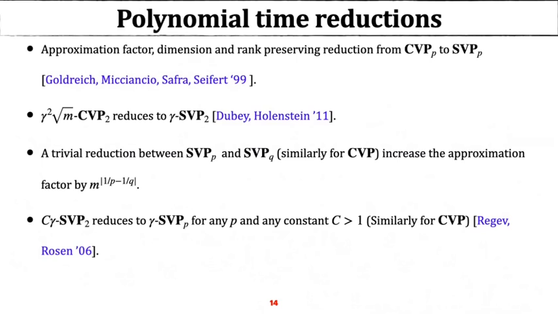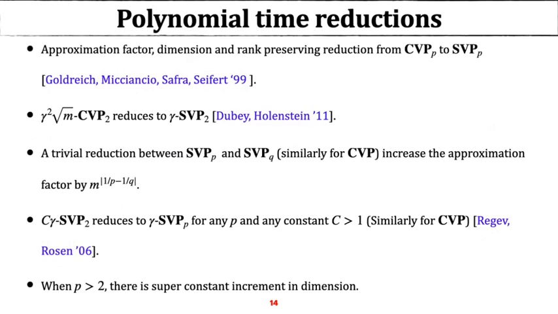And so there was nothing much known for reductions between these problems in different Lp norms till Regev and Rosen came up with the idea of norm embedding, and they gave a reduction from C times gamma approximation of SVP2 to gamma approximation of SVP in any Lp norm. Here C is a constant, but this reduction does not preserve the dimension.